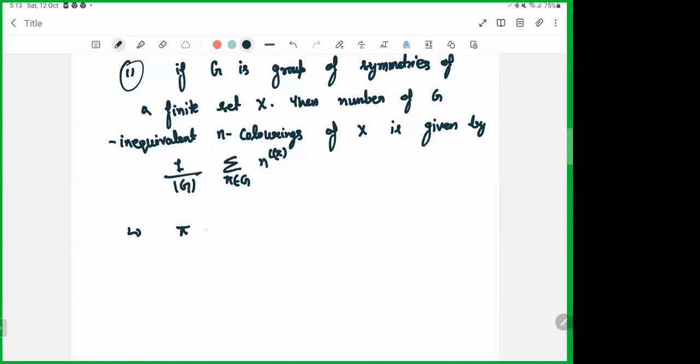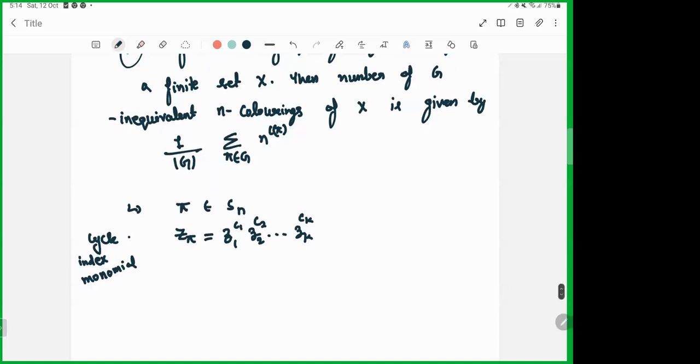If pi is a permutation belonging to some symmetric group Sn on n symbols, then we define Z pi, called the cycle index monomial, as Z1 to the power C1, Z2 to the power C2, and so on, up to Zk to the power Ck, where C1 is the number of cycles of length 1, C2 is the number of cycles of length 2, and so on. Ck is the number of cycles of length k.